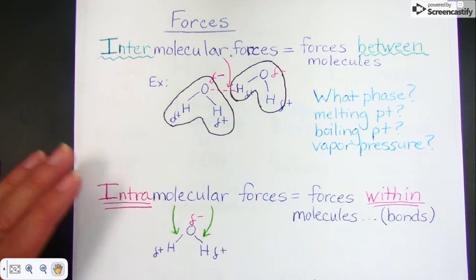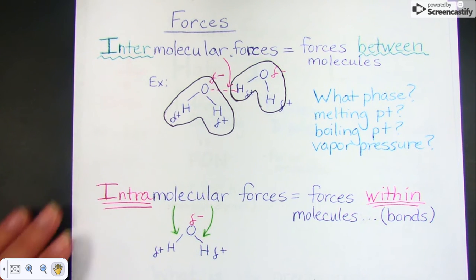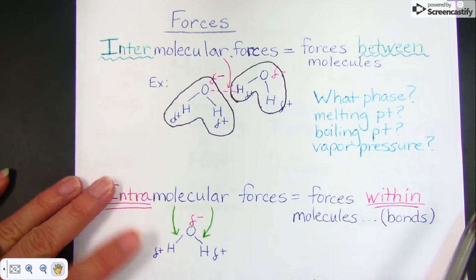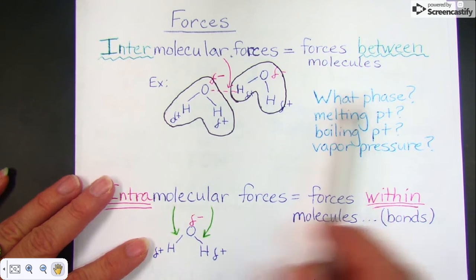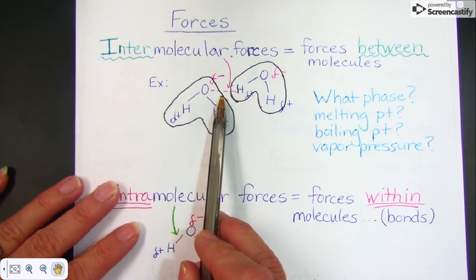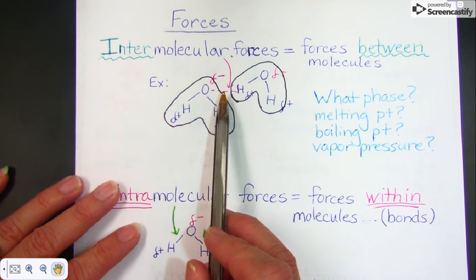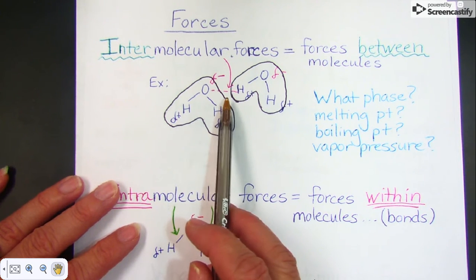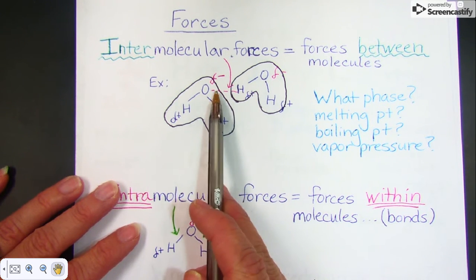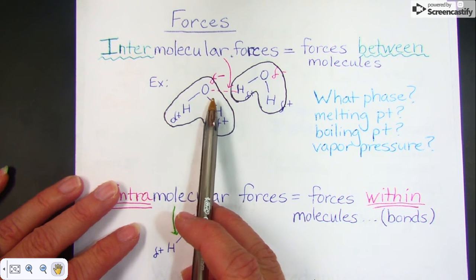Now, what does this matter to us? It basically tells us what kind of phase it might be in. If we have really weak intermolecular forces between the molecules, we most likely have a gas because they're not held very tightly. If they're very, very close and strong, that means we probably have a solid.